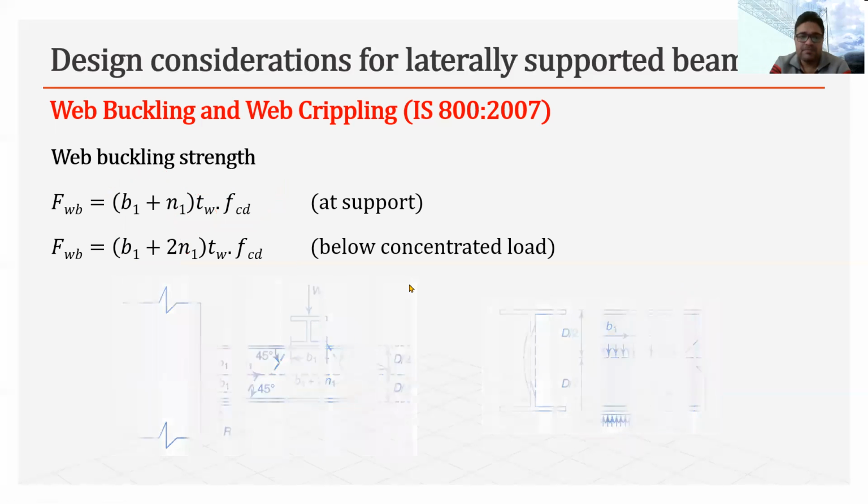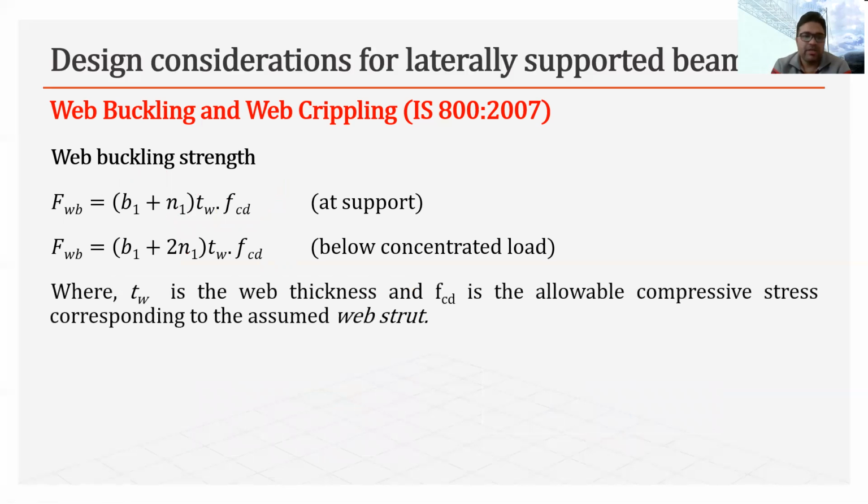So that we will see. Here, in this formula, TW is the web thickness, and FCD is the allowable compressive stress or design compressive stress when we assume the web as a web strut. Now FCD is dependent on the lambda value and the grade of plate, which means the Fy value.